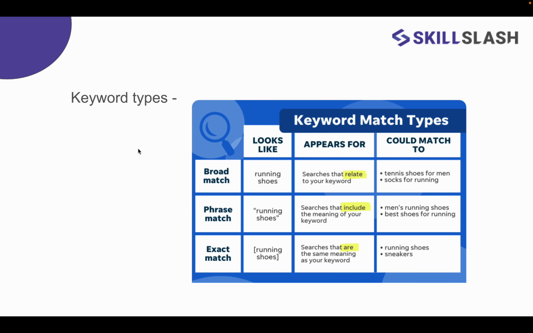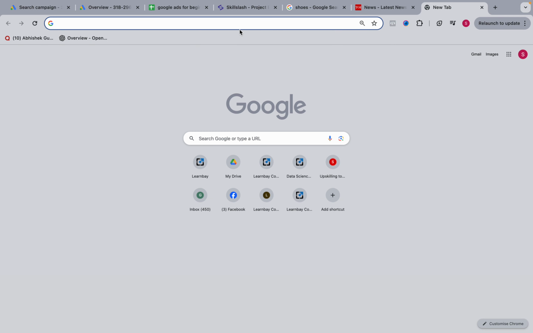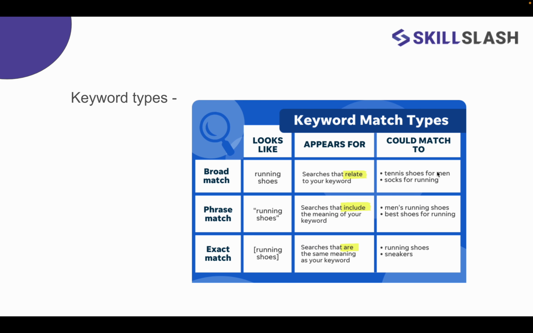I hope you understand. Next is the main thing, the keyword type. There are three types of keyword: broad match, phrase match, and exact match. What is broad match? If I'm using the keyword running shoe, and someone goes into Google and searches in the search term for tennis shoes for men, then one of the words of your keyword has been triggered, so your ad might be triggered.